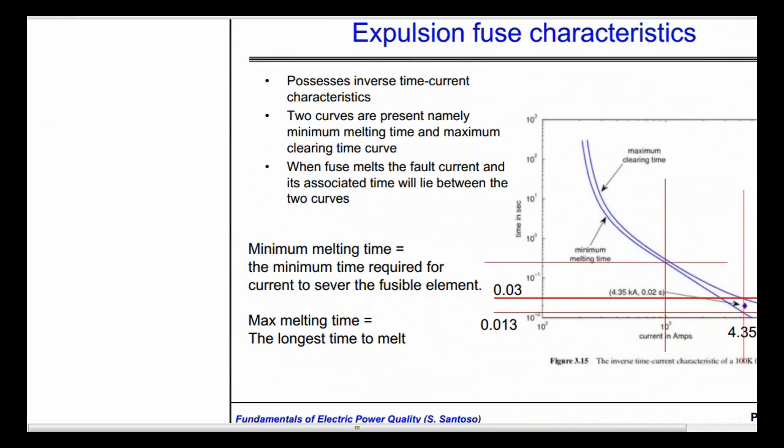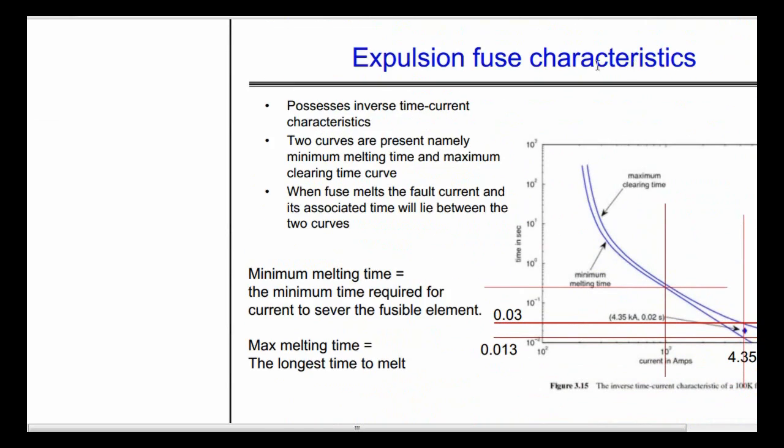Now what is important for us is the characteristics of the fuse. The expulsion type fuse has current-time characteristics shown in this figure. We have the current on the x-axis and the time in seconds on the y-axis, and this is a log scale.